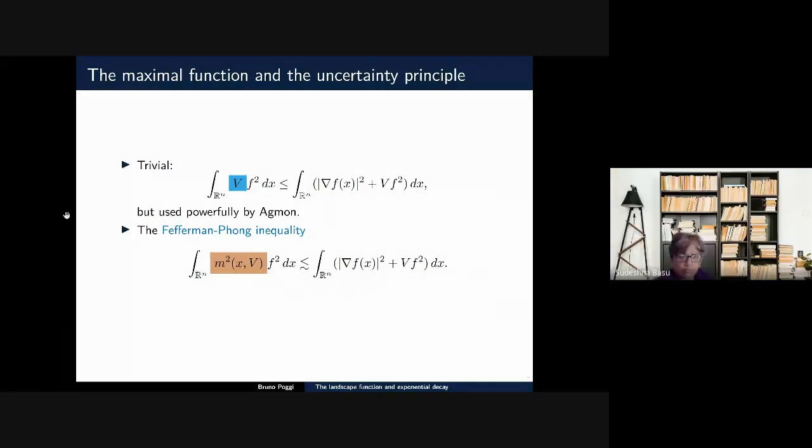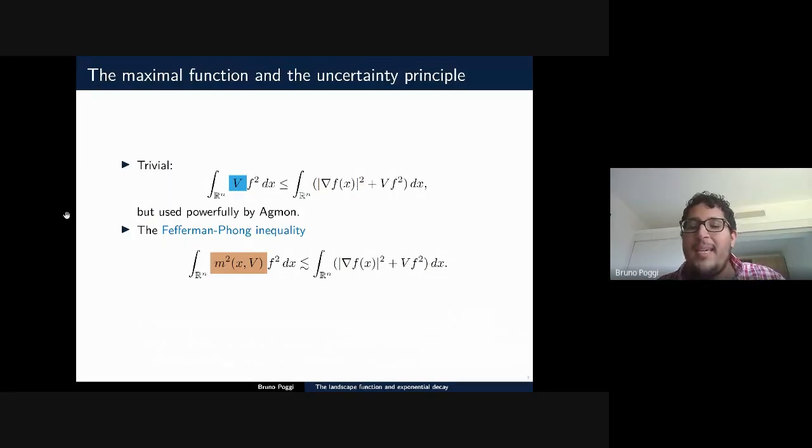Now, the reason why you want this kind of inequality is that you are able to bound the kinetic plus the potential energy below by a single potential energy. So the main point is to bound the energy of the system below by a potential energy. Agmon did it with the trivial estimate, but there is a more subtle estimate, and eventually Fefferman and Phong proved what has come to be known as the Fefferman-Phong inequality.